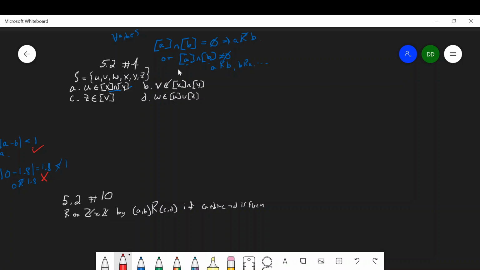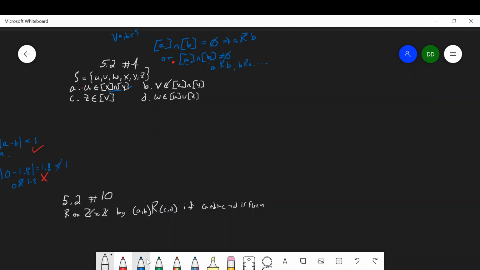That means the equivalence class containing X is the same as the equivalence class containing Y, hence X and Y are related. And it's telling me the element U is also in that. So the equivalence class containing U is the same as the one containing X and the one containing Y. That is, U, X, and Y are all related to each other.